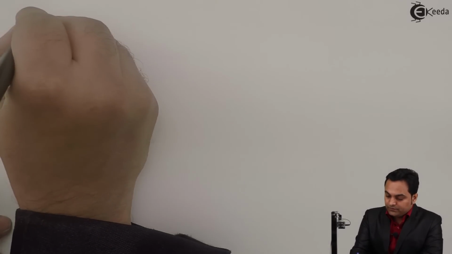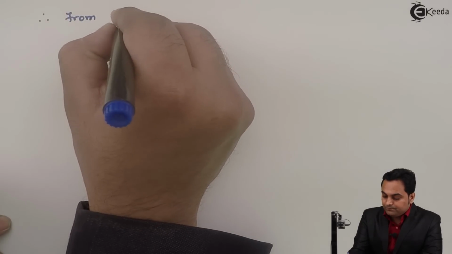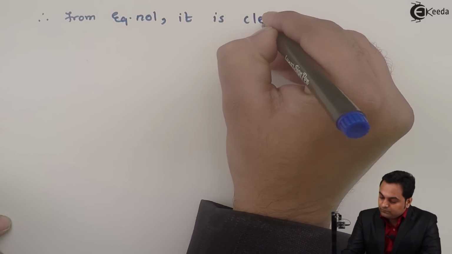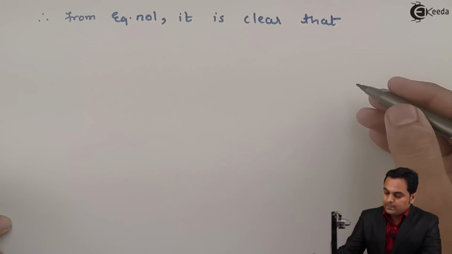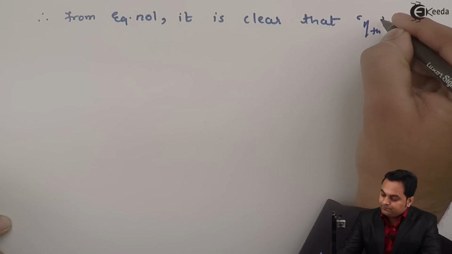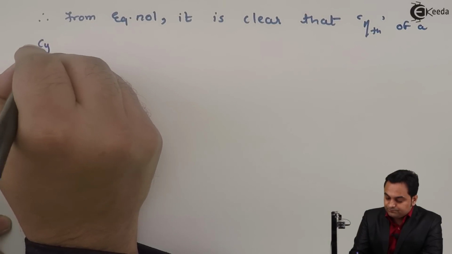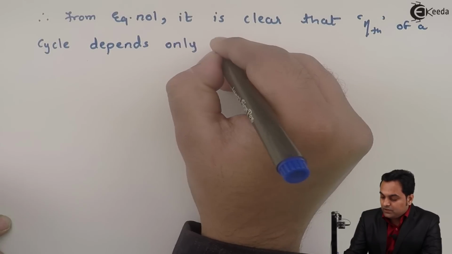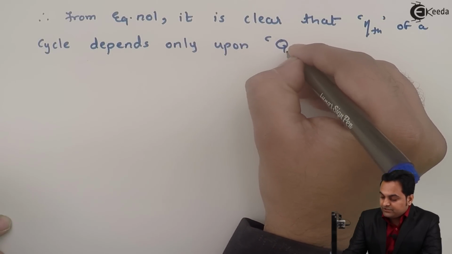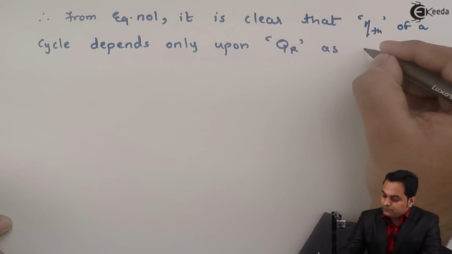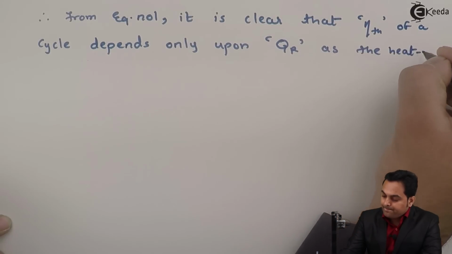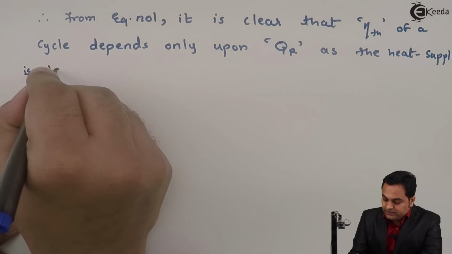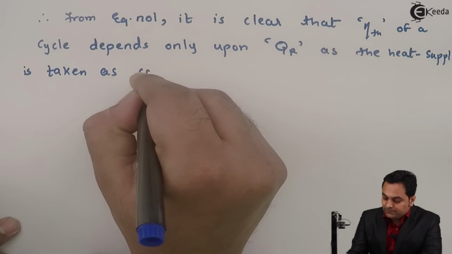So I'll write down, therefore from equation number 1, it is clear that thermal efficiency of a cycle depends only upon heat rejected, as the heat supplied is taken as constant.